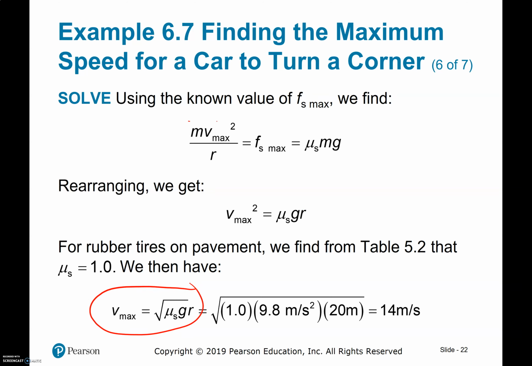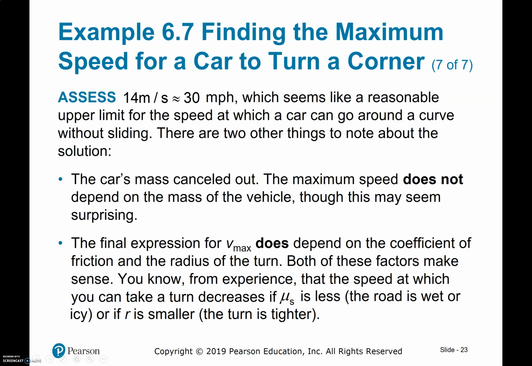When we put the numbers there, we see that this is 14 meters per second. Does that make sense? Well, for this type of curve, for that friction coefficient, if you're going at 14 meters per second, which is roughly 30 miles per hour, you will stay on the curve.